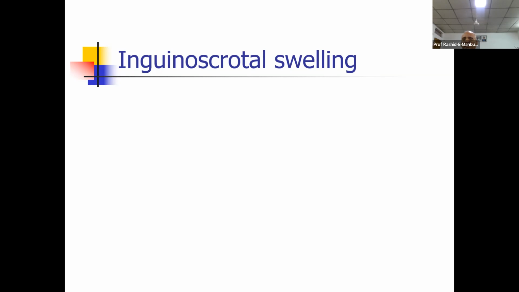Another common thing, particularly in other areas of Bangladesh, is filariasis. Only the scrotal tissue is swollen, not the inside or others. The outer covering of the scrotum swells up and causes a huge thickening of the skin.